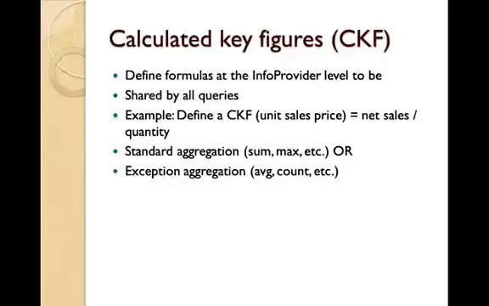On the other hand, certain key figures may require exceptional handling. If that's the case, we want to define exception aggregation. So instead of a sum, we may want to use the average or the count and so on. Other functions when we aggregate certain key figures.